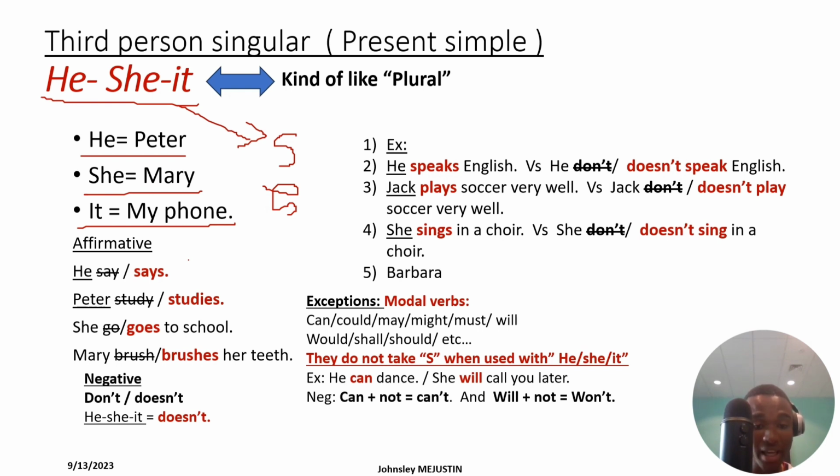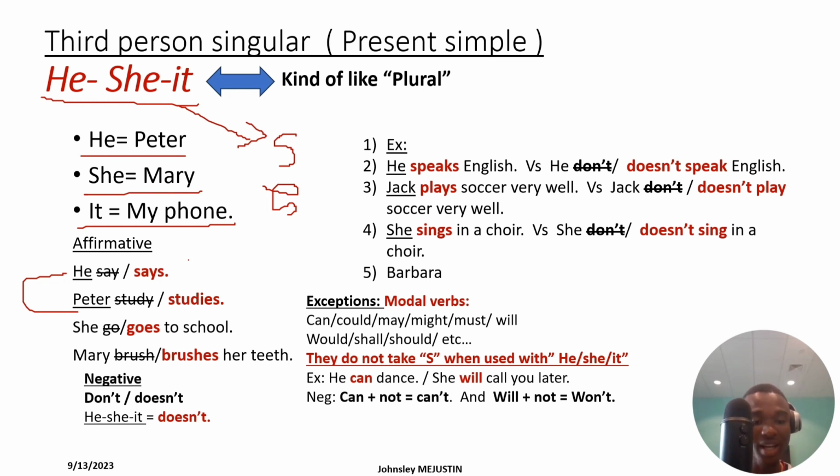That y follows a consonant. What we do is we remove the y and we replace it with ies. So Peter is the same thing as he. The verb that comes after Peter should be just like plural. He says, Peter says. He studies, Peter studies.